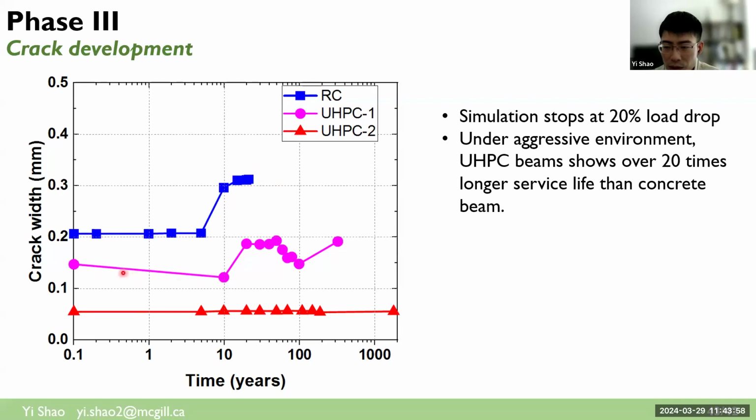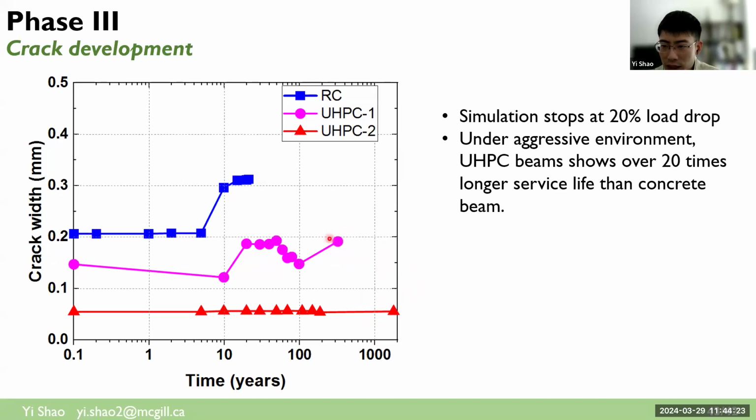But for both UHPC beams, one here represents 1% fiber volume, and the UHPC beam with 2% fiber volume, the high cracking resistance much extends the lifespan of the structure and slows down the corrosion process of our beam.